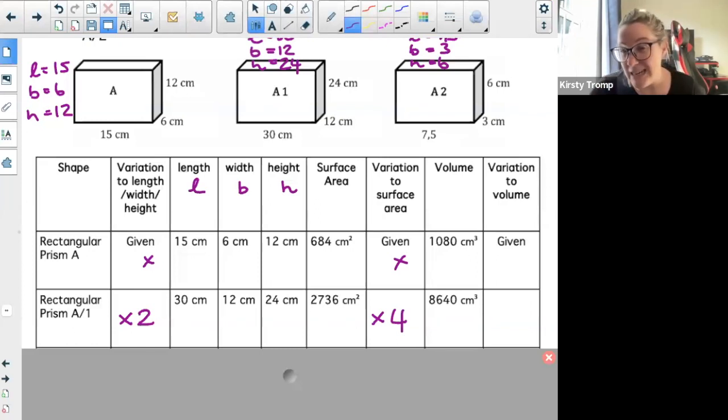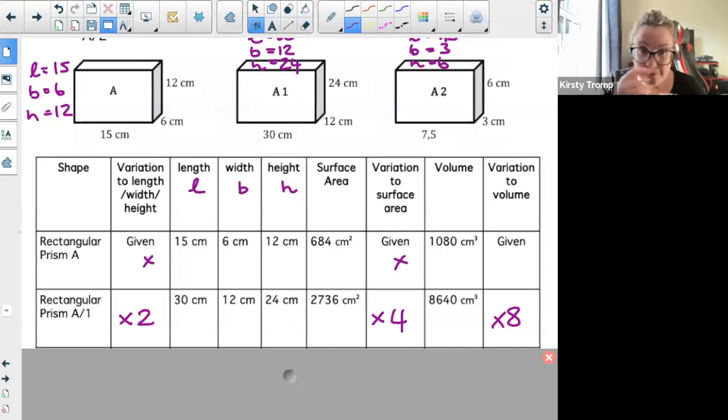How many times did I need to multiply my volume to get my new volume? Well done, Adam. I needed to multiply it by 8. So when we times all the measurements by 2, the surface area is times by 4 and the volume is times by 8.